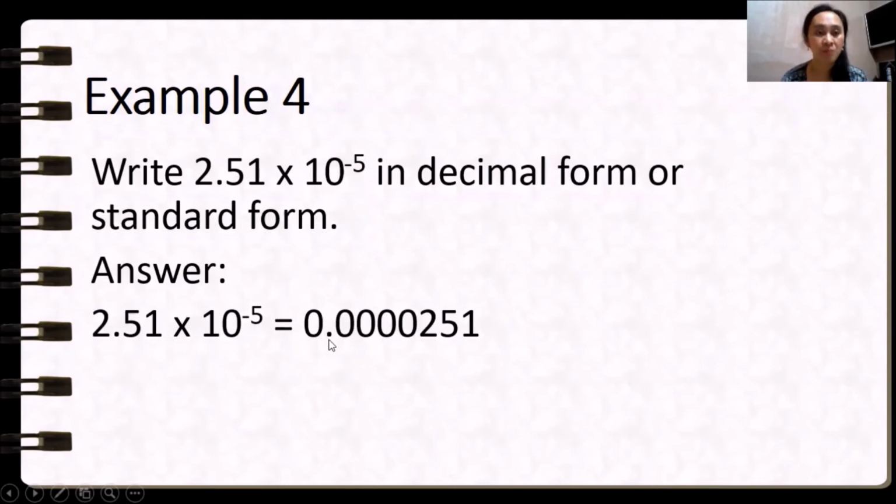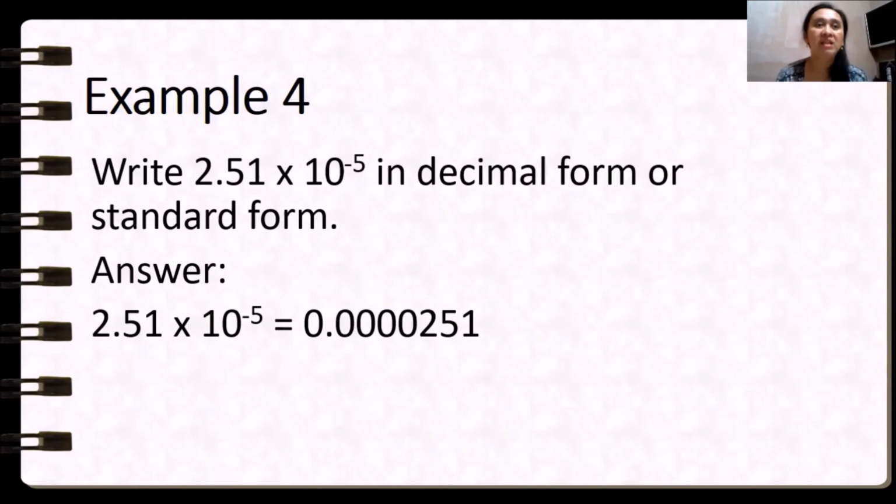So, I hope clear po sa bawat isa ang pag-convert from standard form and decimal form to scientific notation and scientific notation to standard form. Kapag ang given ay standard form, it means ang exponent niya pag i-change natin in scientific ay positive.